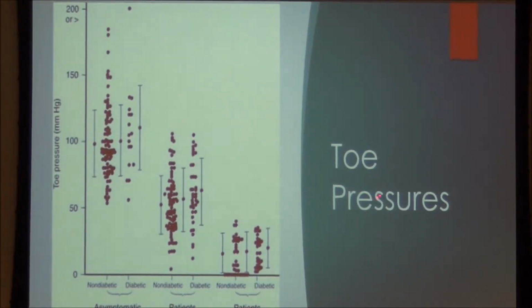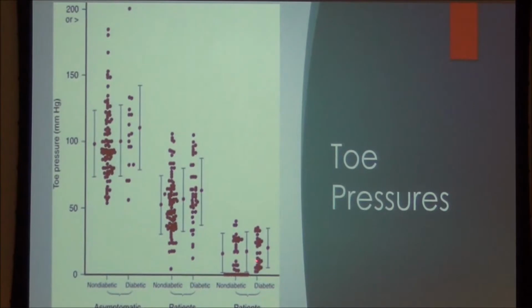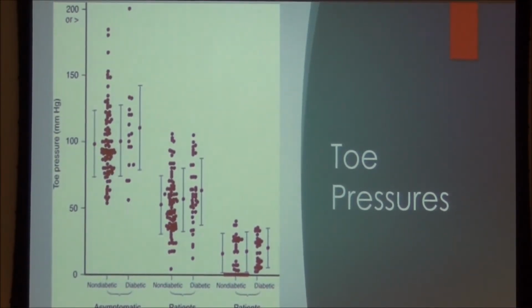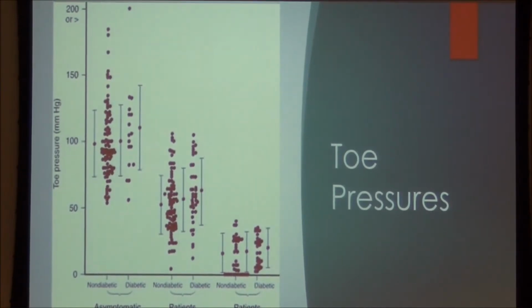Toe pressure measurement is a very good tool in measuring perfusion in diabetic patients because they are not significantly different from the normal population. If you look at ABIs, in advanced diabetic patients, ABIs are not measurable because their medium-sized vessels are not compressible, but toe pressures are still measurable.